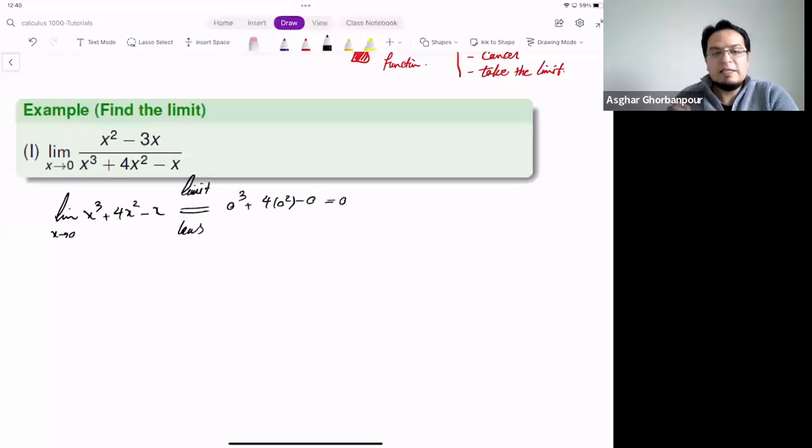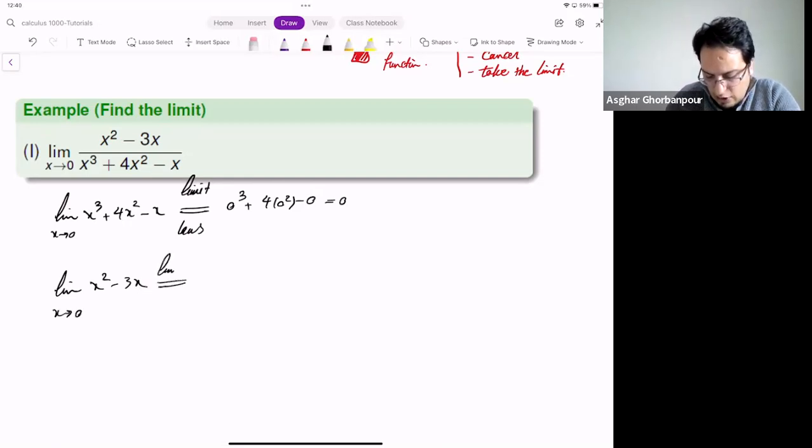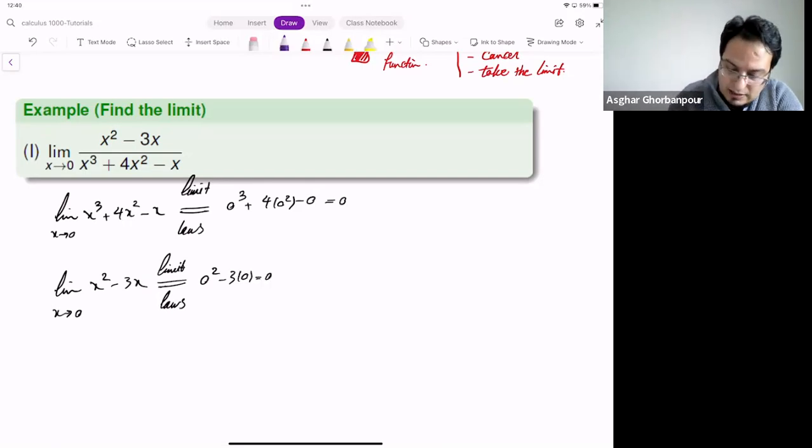This is 0. The denominator has limit 0. Then the next step is to find the limit of the numerator as x goes to 0. This is again limit laws, and that will give us 0 squared minus 3 times 0, which is again 0. So what we find here is 0 over 0.